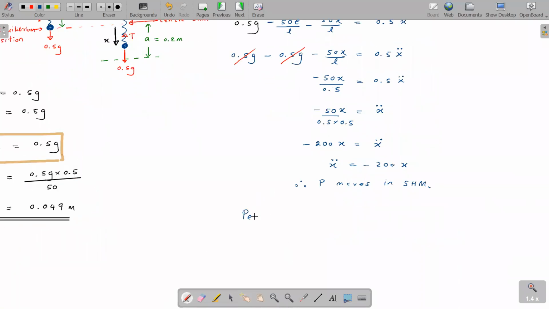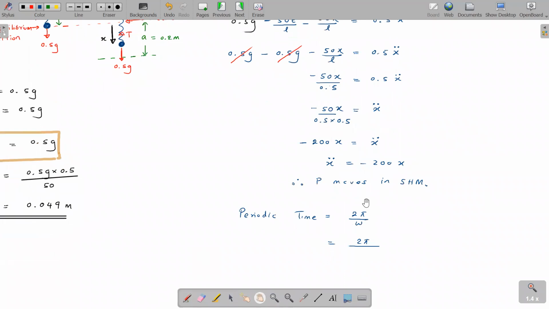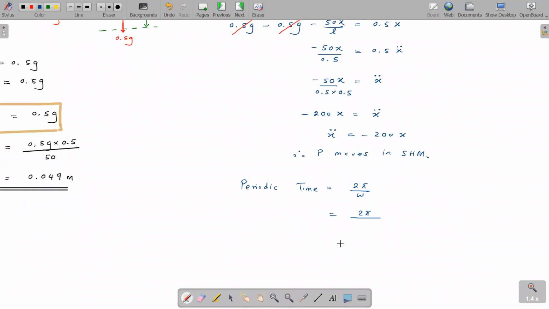Okay, so the periodic time is 2 pi over omega. Omega squared is 200, right? Omega is root 200. So let's give the value in the calculator without typing the pi.